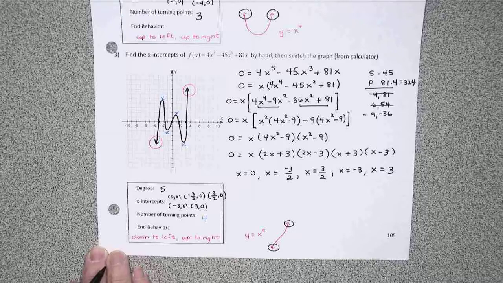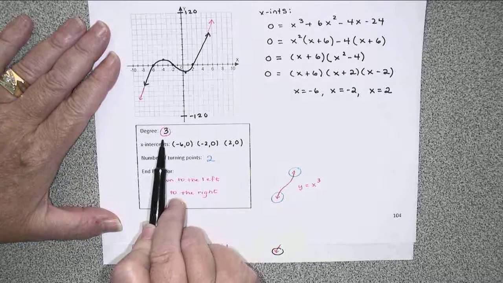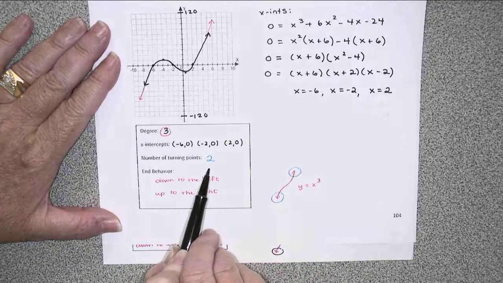All right, so we know that we've been seeing the same number of x-intercepts, or zeros, as the degree. And we've also determined that the degree tells us something about the end behavior. What about the number of turning points? Let's take another look through these examples. With degree 3, we had 2 turning points.